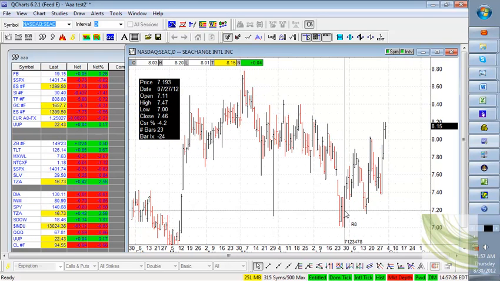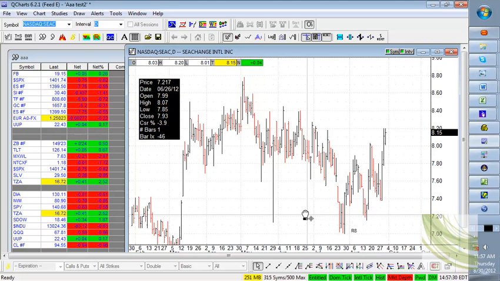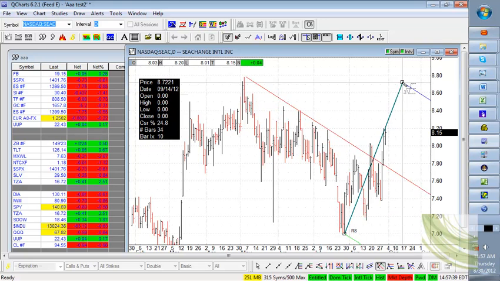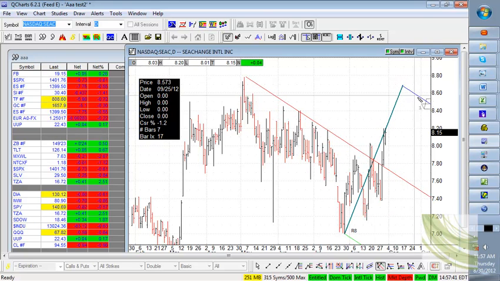Because we had our textbook signals to enter here and here, and now if we simply draw the reaction lines, we see that, okay, we've got a reaction line coming in over here.